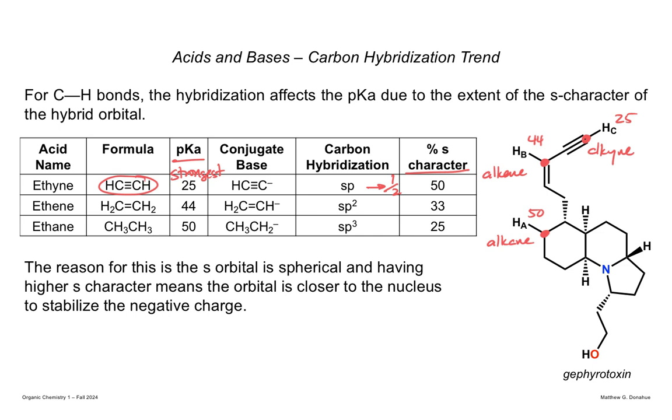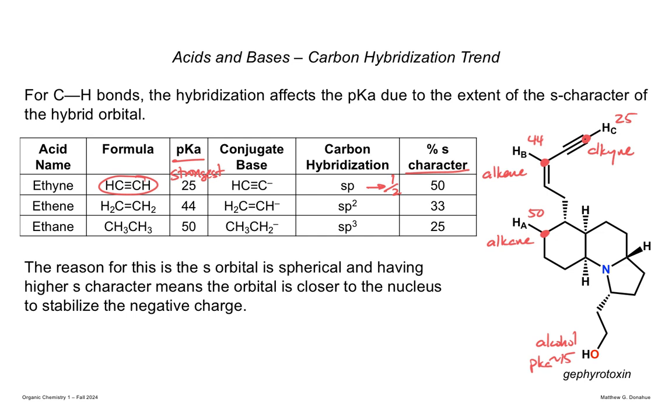So if we overall look at this molecule, the alcohol down there has a pKa of 15. So no matter what base you treat this with, that OH will be deprotonated first.